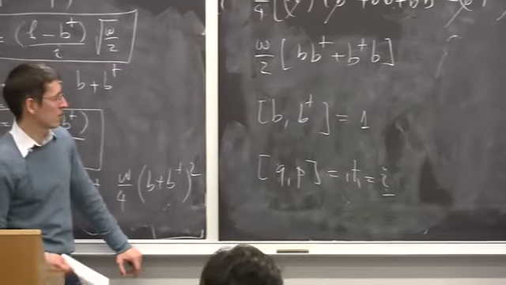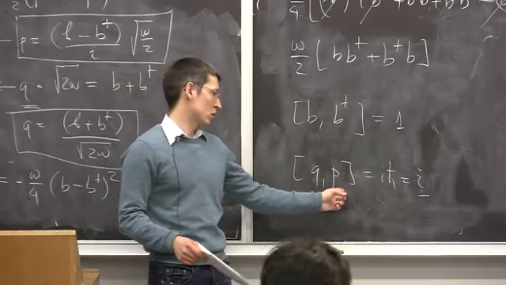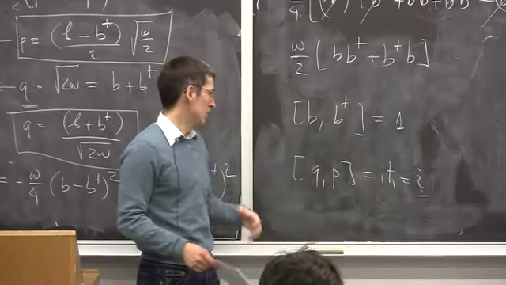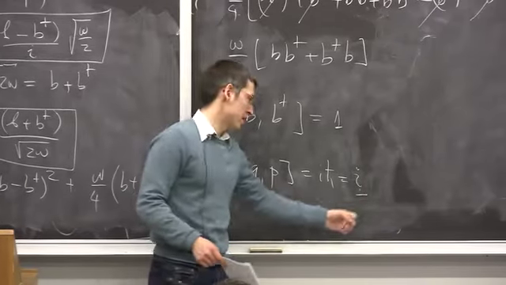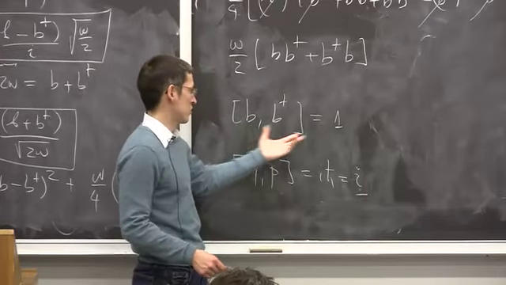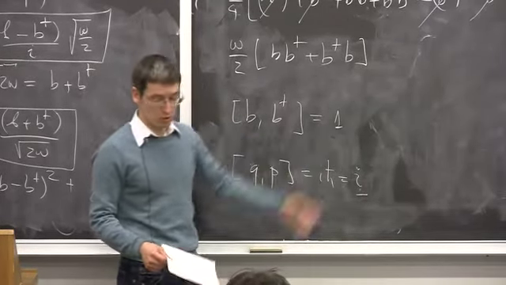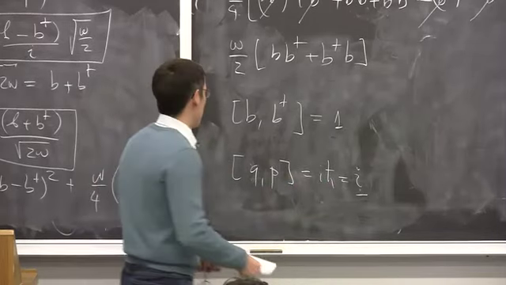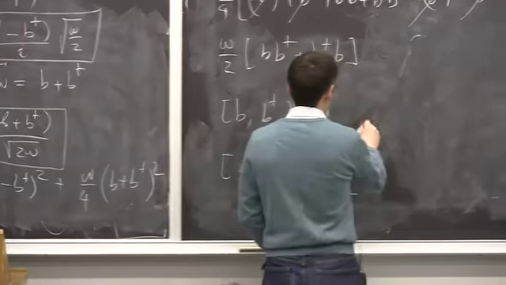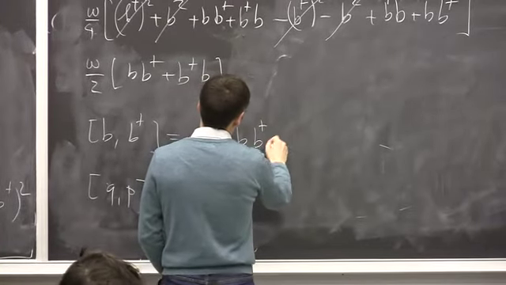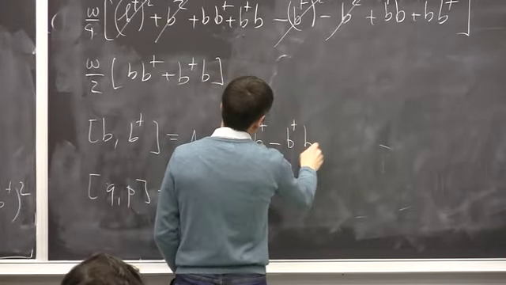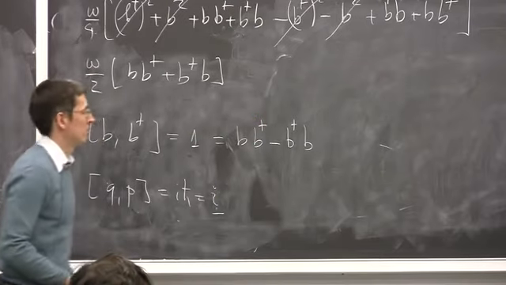So what happened here is that when we substitute q and p with b and b dagger, then instead of having a commutator which is i, we have a commutator which is 1. It's still non-zero, but it's 1. And it's nice, because what does this mean? That means b times b dagger minus b dagger times b equals 1.